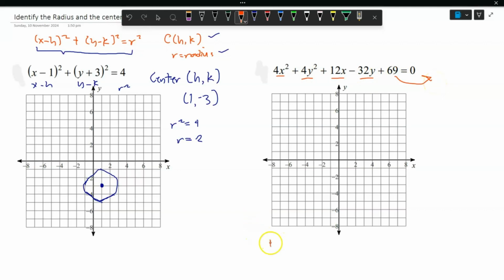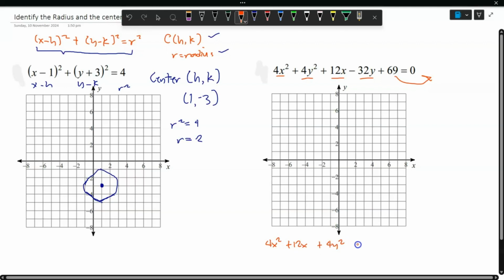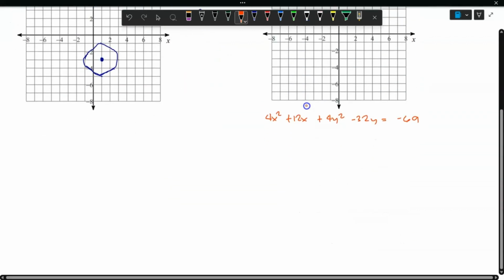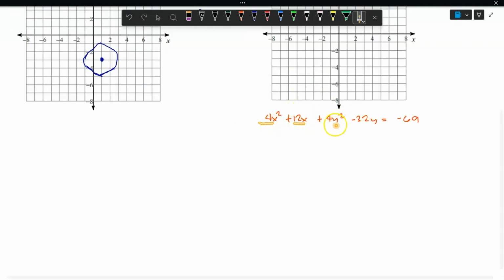So I'm going to have 4x squared plus 12x plus 4y squared minus 32y equals negative 69. And if you notice, we actually have a common factor, right? 4, 4, 4, 4. So to get rid of this redundant 4, let's multiply everything by 1/4.